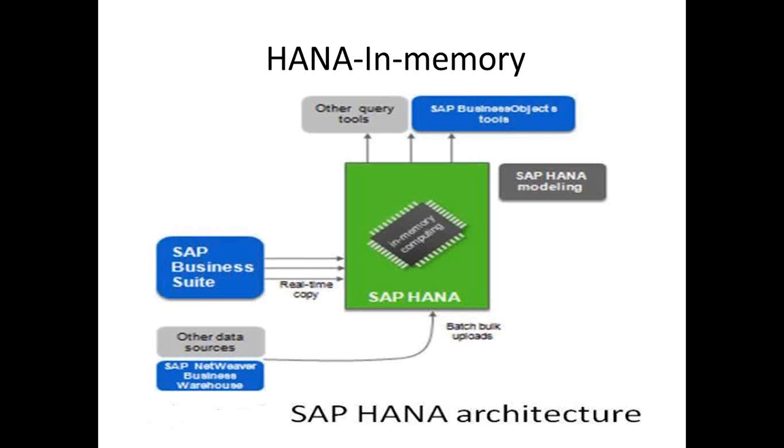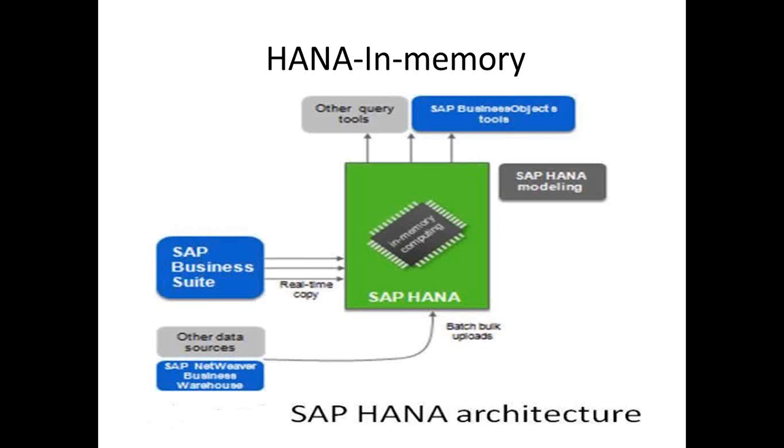The biggest idea here is that when we bring data from a transaction system and report it on BW, there is a lag of at least 12 to 24 hours. We don't want that; we want to report it as it happens. So we're trying to bridge that using the SAP HANA system, where we report in real time. That gives you the ability to change strategy.